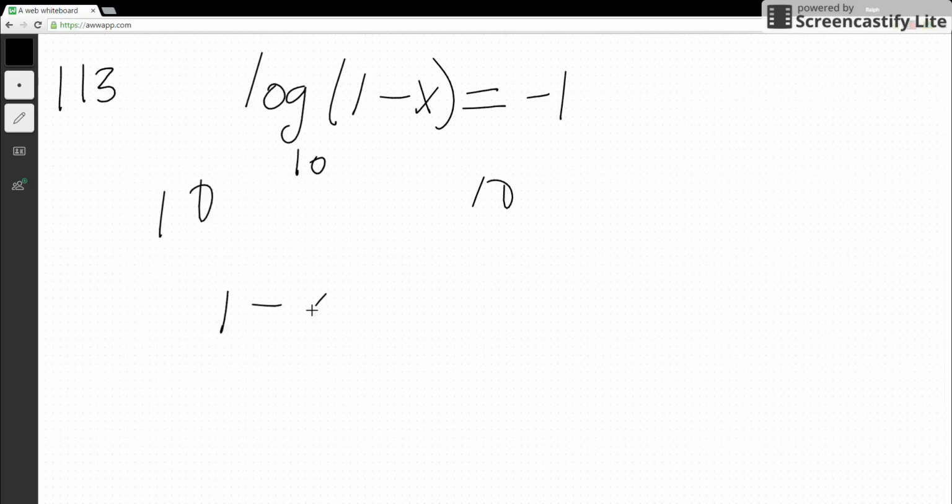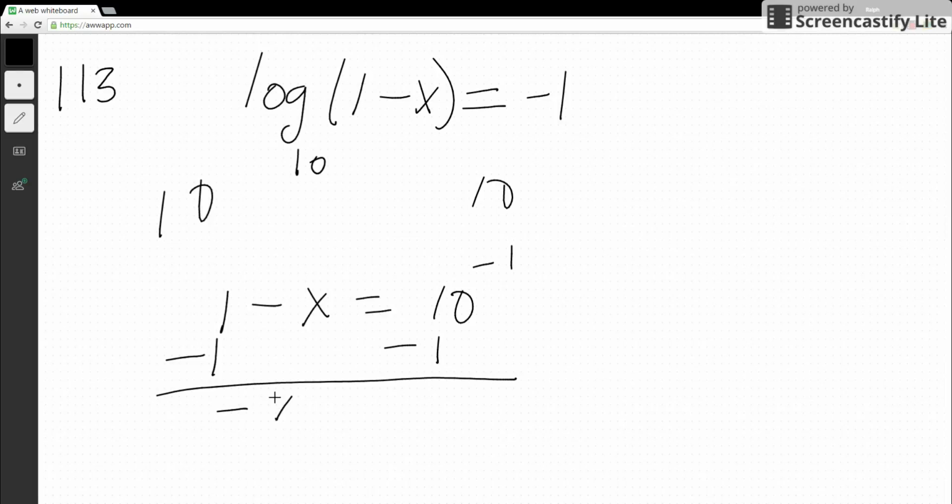So I get 1 minus x equals 10 to the negative 1. Okay. And then I can subtract a 1. Then divide everything by negative 1.